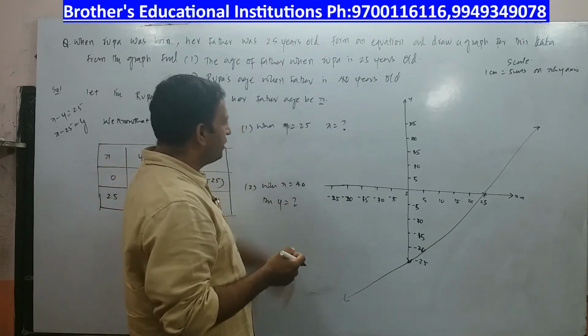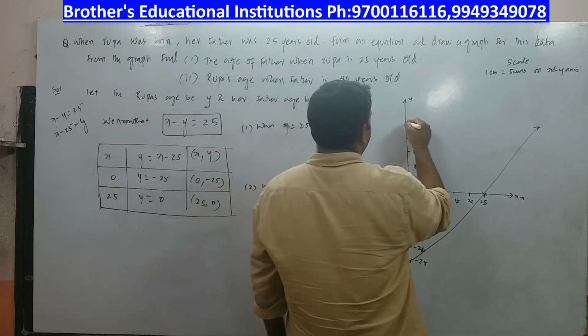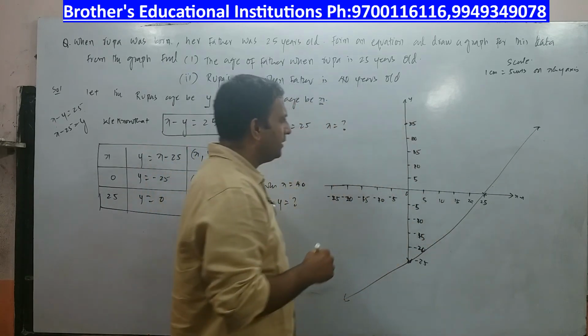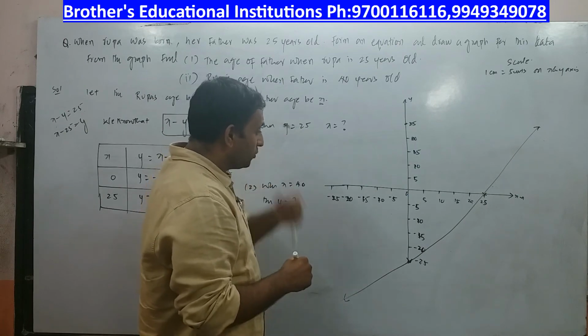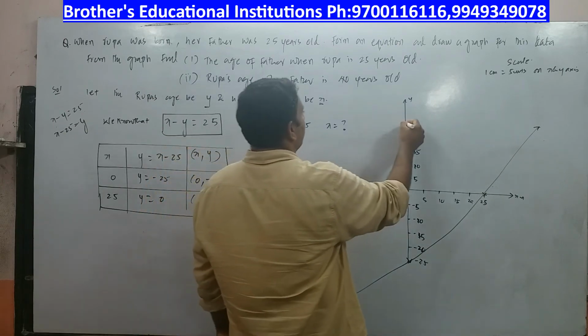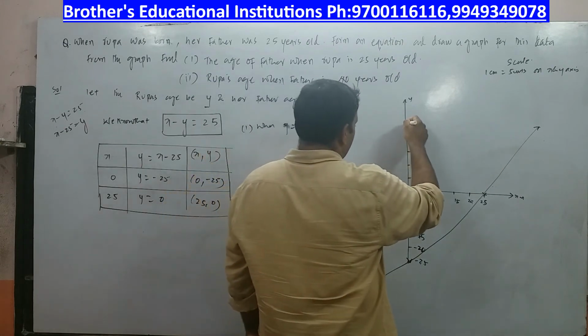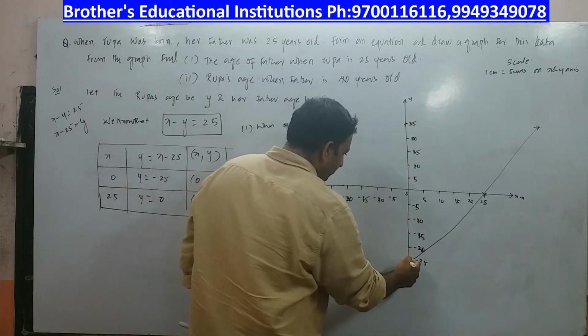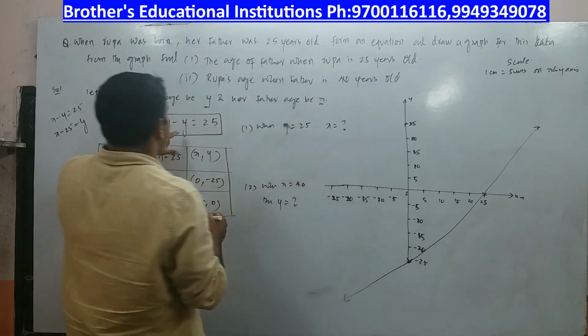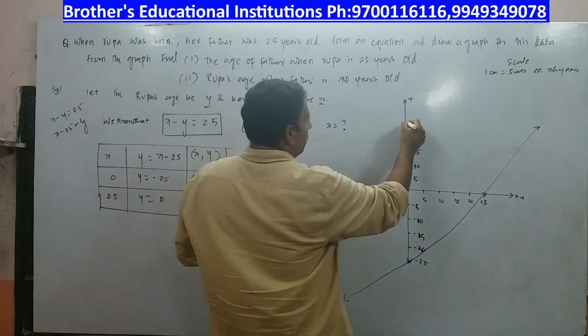As I've told you, when y is equal to 25, where is y equal to 25? It is here. This is y. So when y is equal to 25, I have to find the value of x. If I put y is equal to 25, what am I going to do?